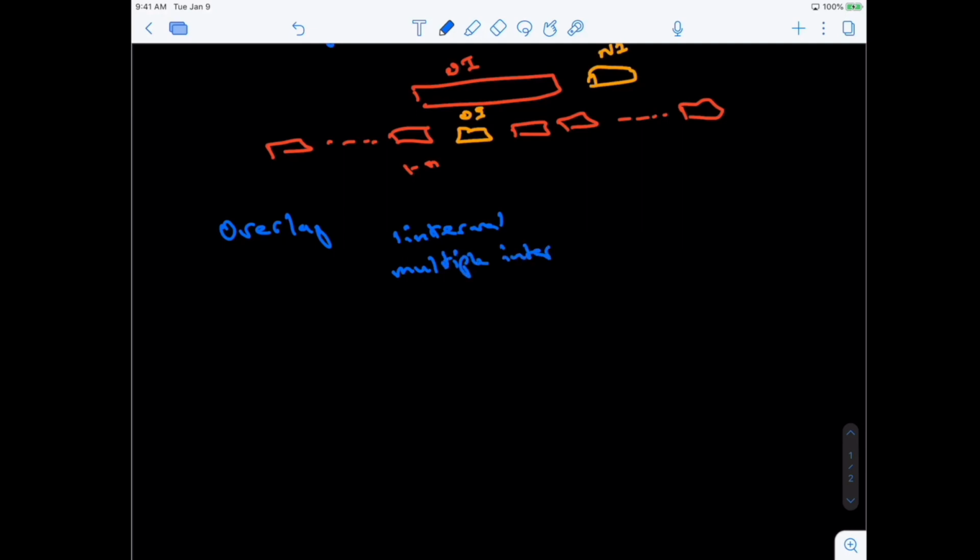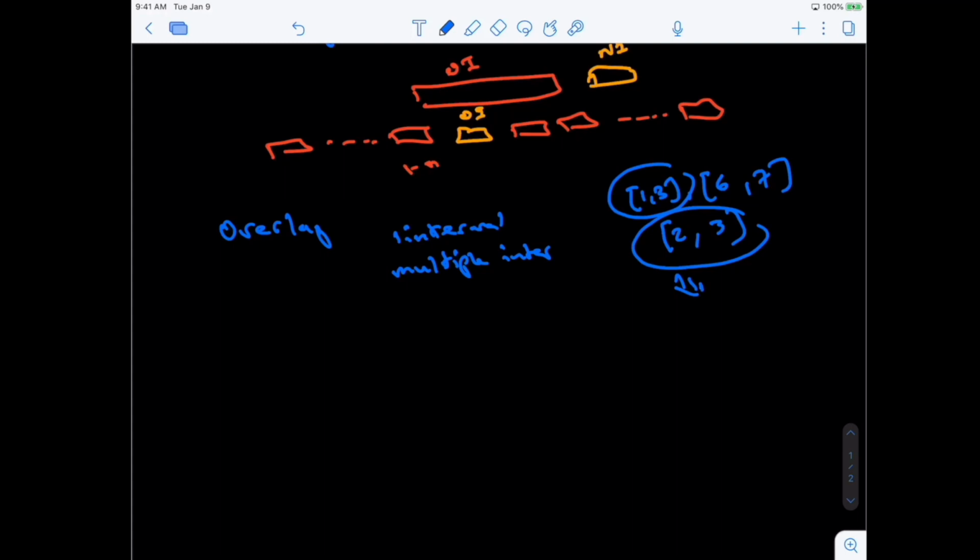So let's say with one interval, maybe the existing intervals are 1, 3 and 6, 7, and the new interval maybe is 2, 3, right? Then the overlap is just between these two, and so the result needs to be 1, 3, and then 6, 7. Okay, so that's an example of an overlap with one interval.